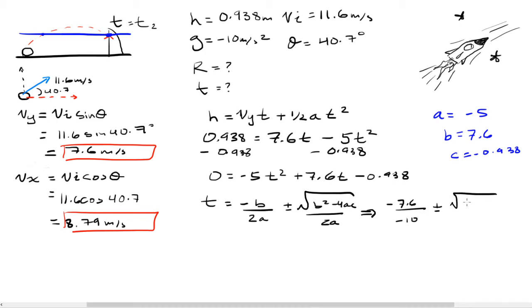Square root of 7.6 squared minus, let me write really small here, negative 4 times negative 5 times negative 0.9, divided by 2 times negative 5, which is just negative 10. Getting a little behind myself here.